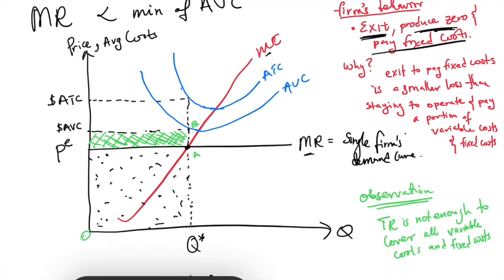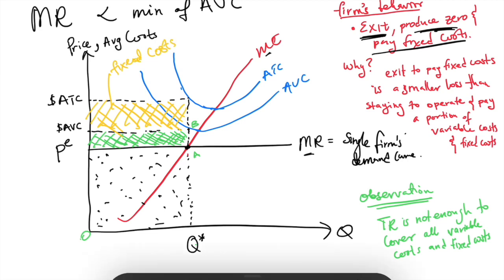And you also have to figure out how to pay this yellow shaded area, fixed cost. So this yellow shaded area is fixed cost. And the green shaded area is a portion, right?